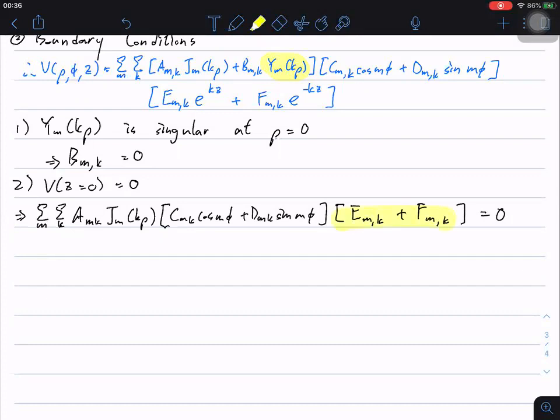Okay, so notice that we still have two variables here, rho and phi, which means that this equation is valid for any values of rho and phi at the bottom of the cylinder. Which means that the highlighted part, E plus F, must equal 0 in all the cases.